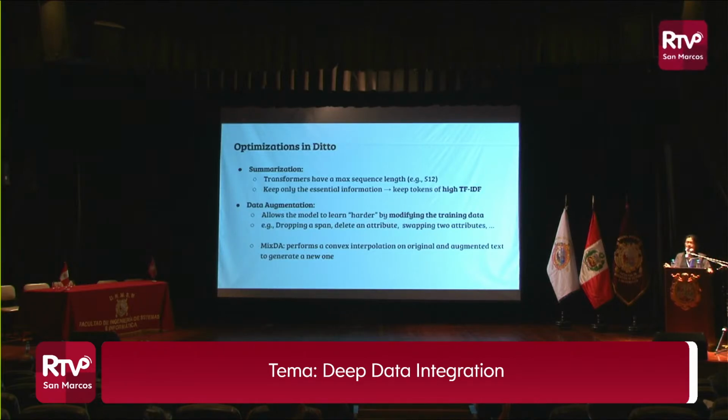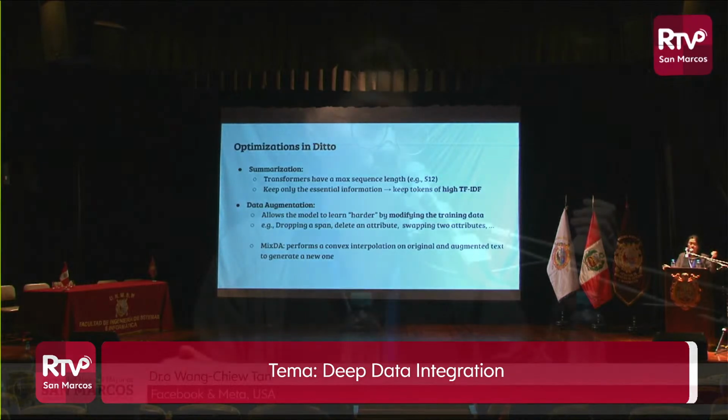So if I have say just 500 pairs of training data for match, no match, just by reordering the attributes, I can get a lot more. From one pair, I can get maybe 3 or 4 other pairs.